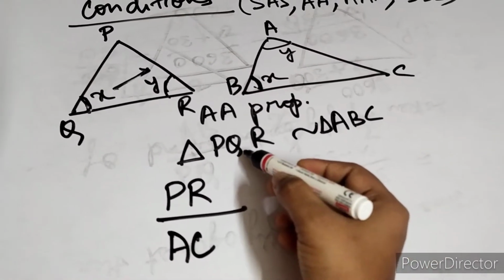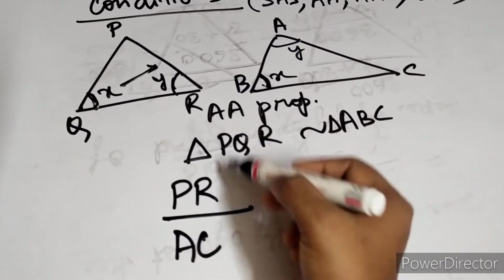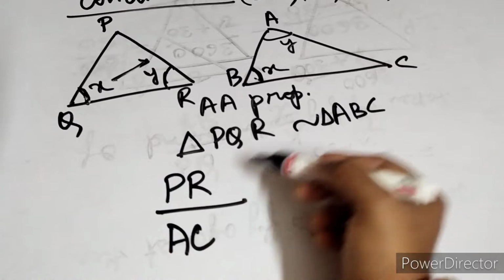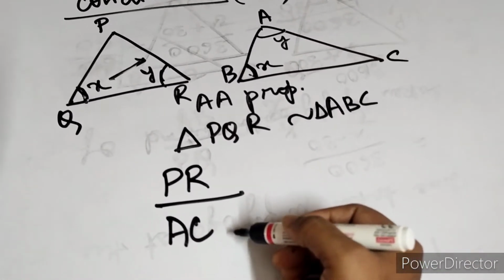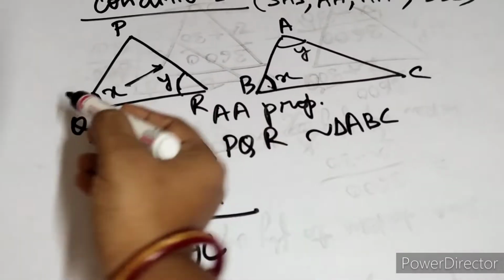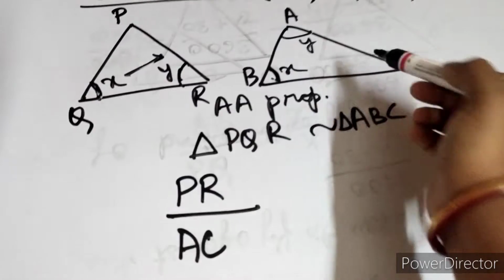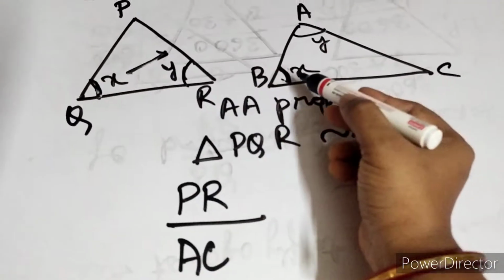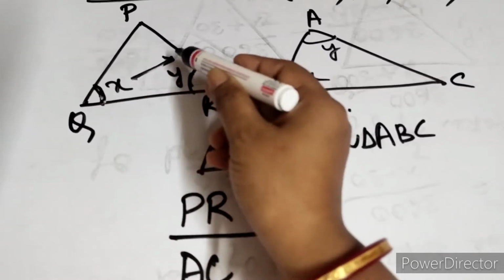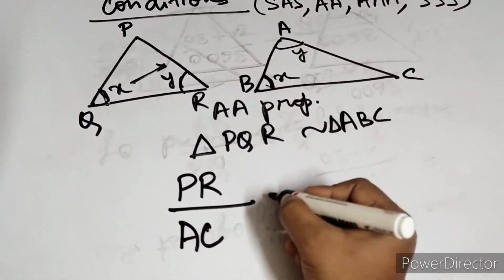Since we have written triangle PQR first, in the numerator we write the sides of triangle PQR, and in the denominator we write the sides of triangle ABC. The angles which are equal, their opposite sides are corresponding sides. If this angle is equal to this angle, then this angle's opposite side is PR, and that angle's opposite side is AC.